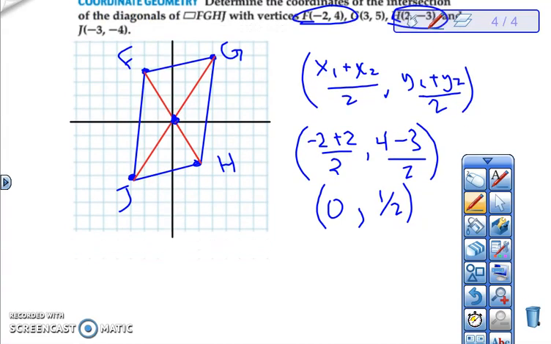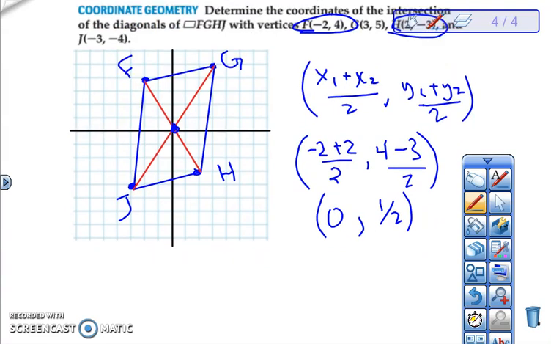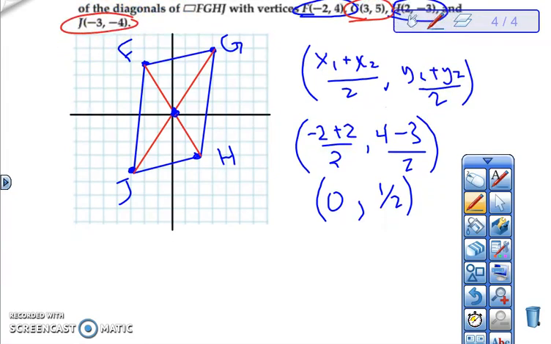If we're not convinced, if we want to do one more calculation just to be sure, right, the other diagonal went from G to J. So I should be able to get the exact same thing here by finding that point of intersection. So I'm going to take 3 minus 3 divided in half.